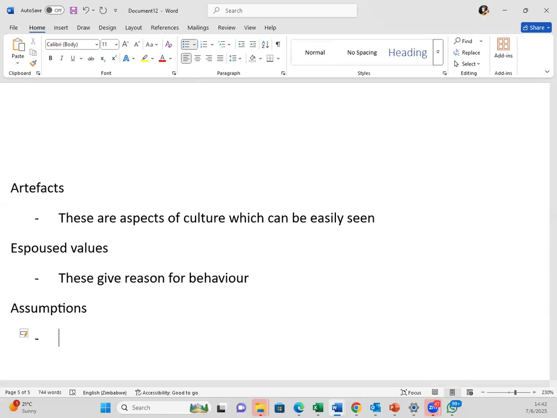Besides the espoused values, we have assumptions. These are unspoken rules. When someone gets to a certain place, there is a way of behavior that they follow without being told, but they simply assumed this is the way they're supposed to behave.